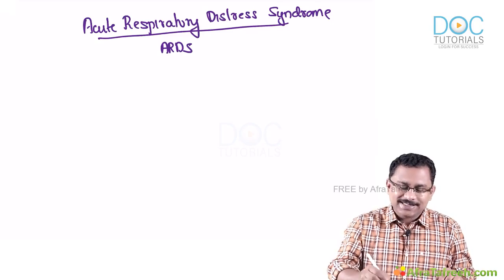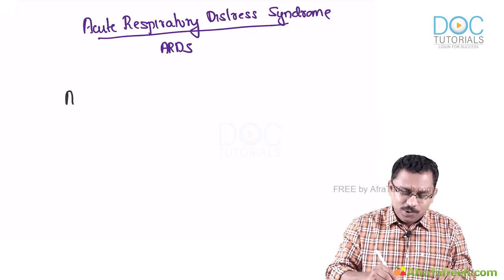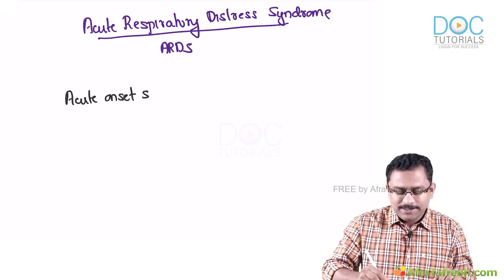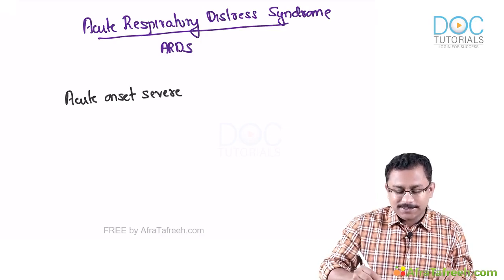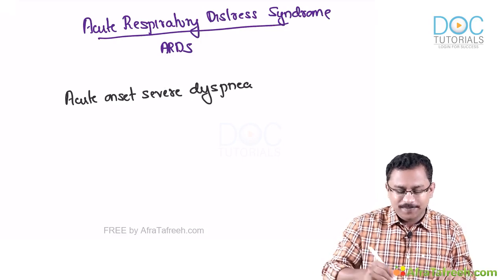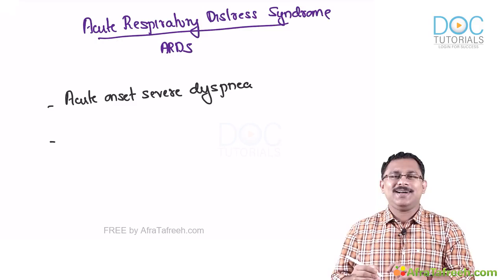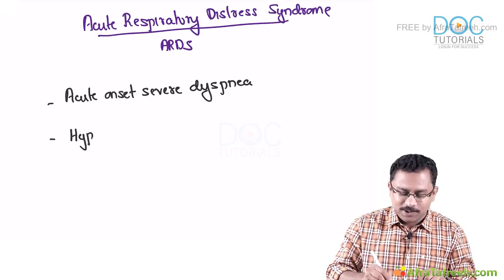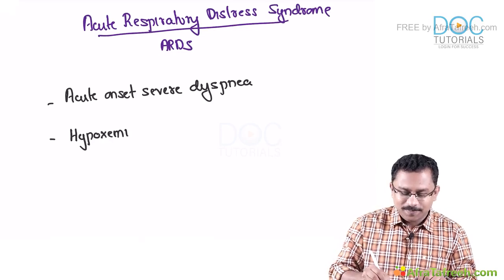This entity is nothing but a clinical syndrome characterized by acute onset severe dyspnea. When you do the ABG, arterial blood gas analysis, you will find that this patient has hypoxemia.